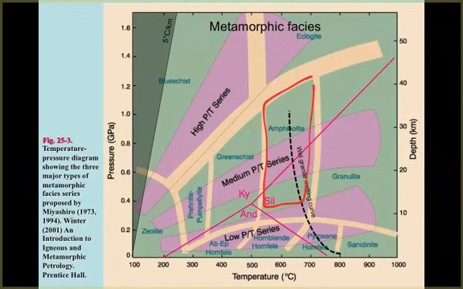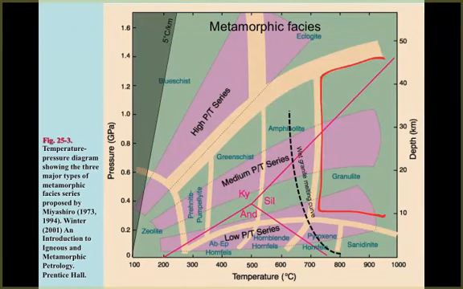It passes across the amphibolite facies field, and as the name implies, hornblende is going to crystallize and be an important mineral. Granulite facies is at higher temperatures, and is characterized by pyroxenes rather than hornblendes, because the temperatures are too high and the water's all been driven off as a rock passes from amphibolite to granulite facies.